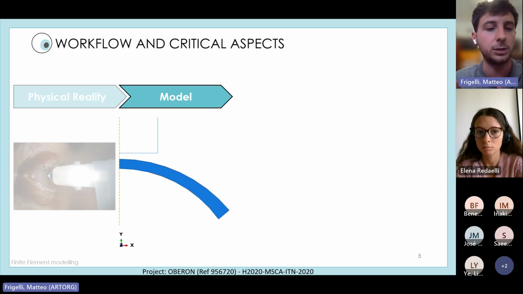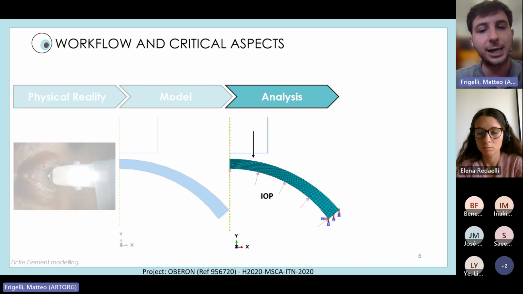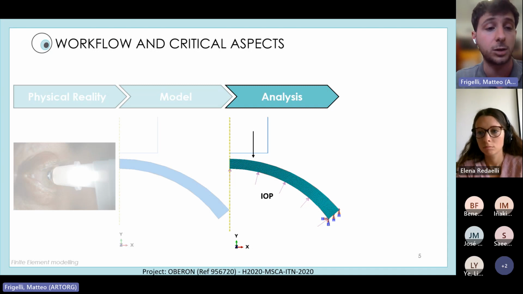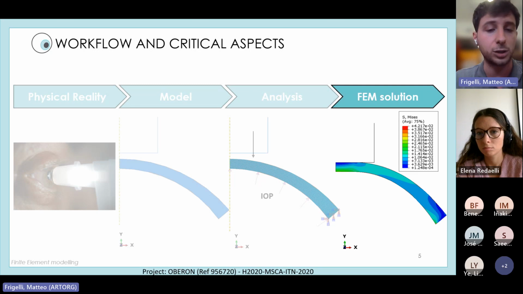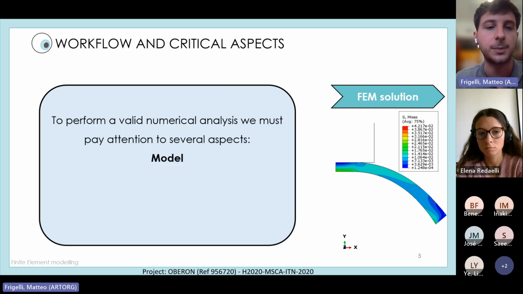We model this phenomenon in a CAD model, and then we perform an analysis on this. With analysis, I mean we give boundary conditions to the system, we apply some loads, we define the loads that our region of interest will undergo, and then we can reach a solution. And this solution will help us to analyze stress, strain and deformation in the area of interest.